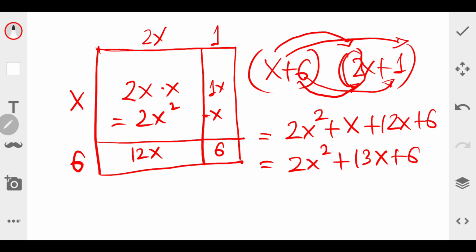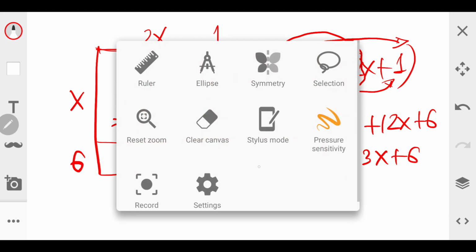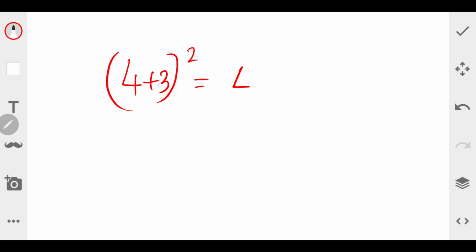Now, one more thing that I want to show you. Give me 1 second. Okay, what do you guys think about this? Is this correct?